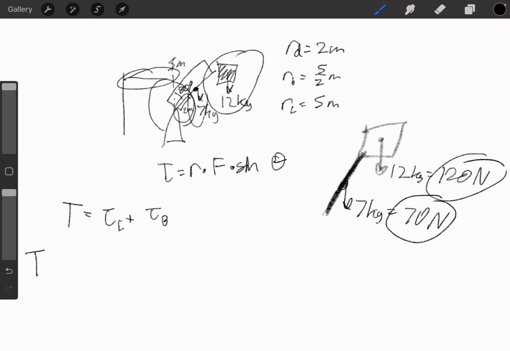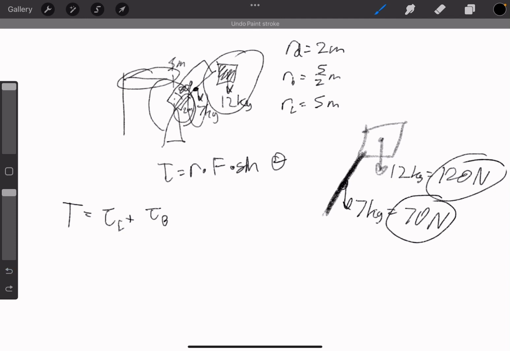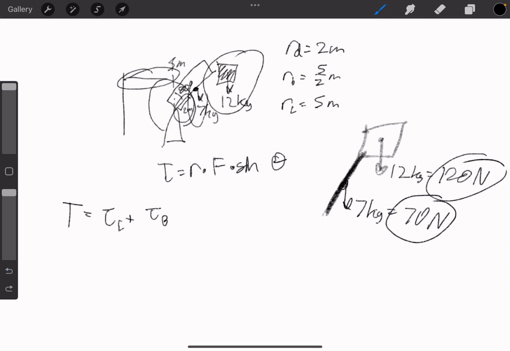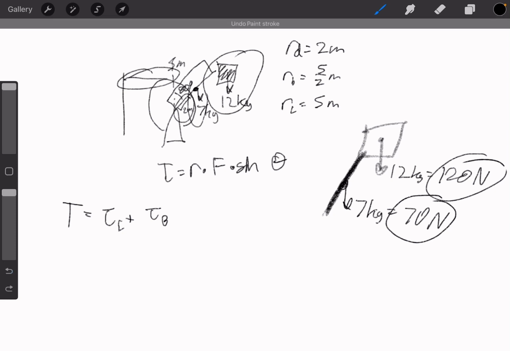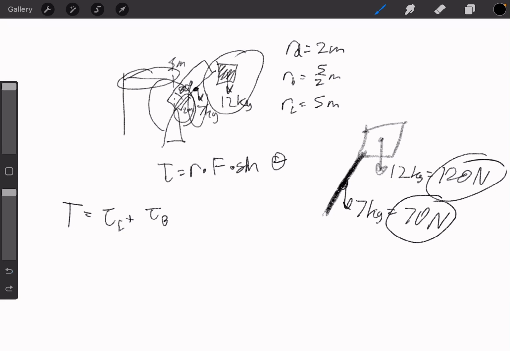So now we can do tension in the string. Oh, I forgot. We also need to incorporate the radius of the disk. So we'll cover that secondly, we'll solve that later. So the force of the load is at a radius of 5 meters from the center.